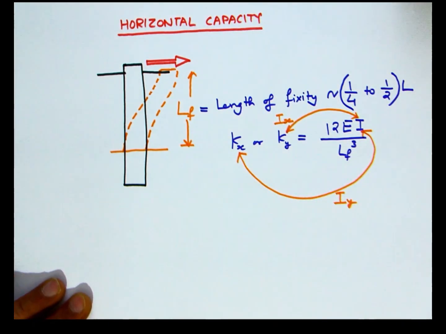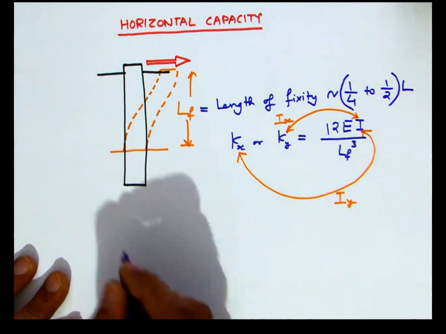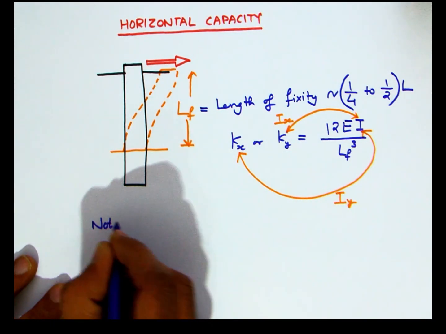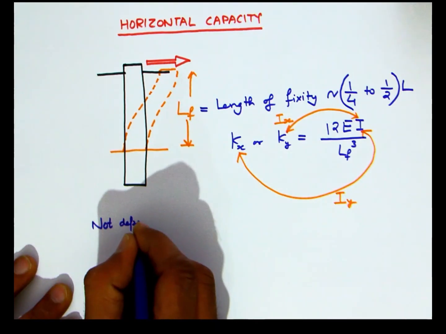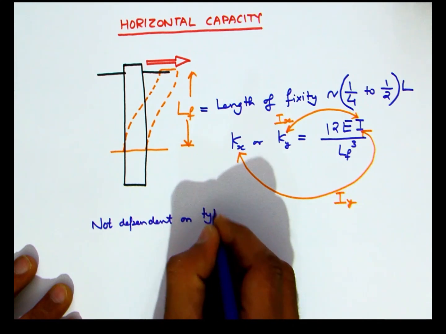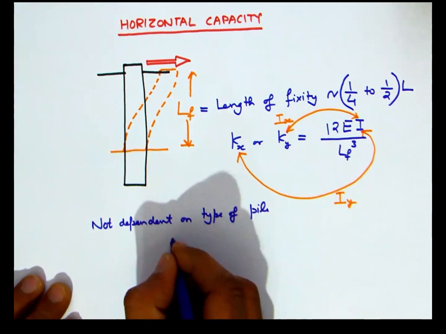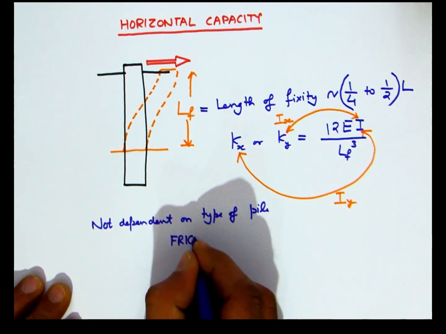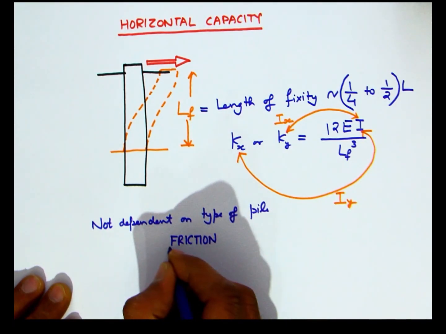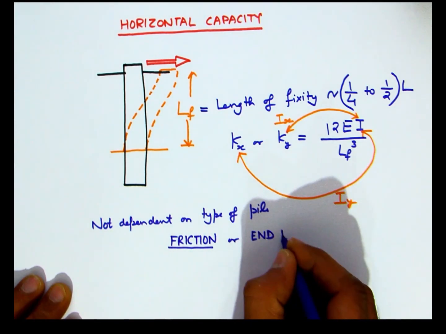In case of Kx it will be Iy, and in the case of Ky it will be Ix. However, usually the piles are circular, so both the moments of inertia are in general equal. It should be noted that this value of the horizontal stiffness of a pile is not dependent on the nature of the pile, whether it is a friction pile or an end bearing pile. This expression is the same for both categories of pile.